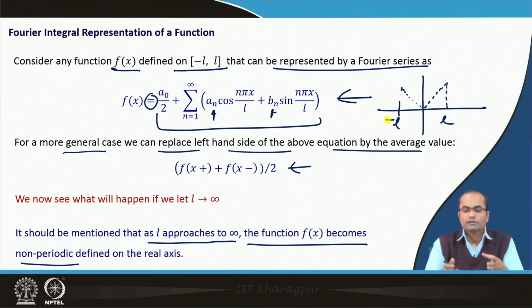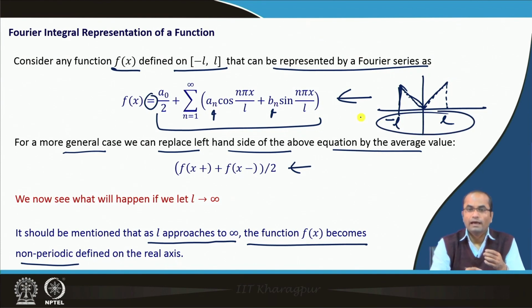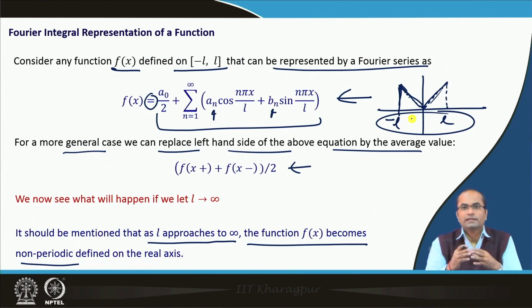The Fourier series will converge to the function whose period is exactly 2L, and it will represent this function in this interval, with the periodic extension on the whole real axis.